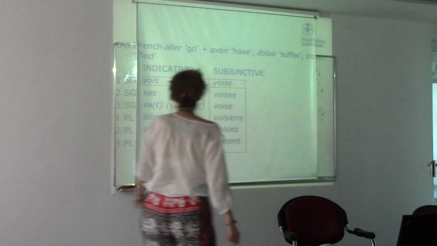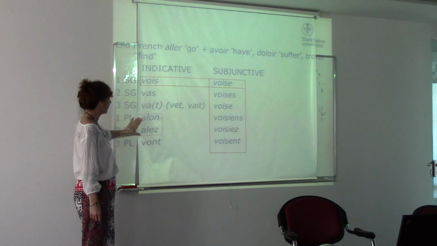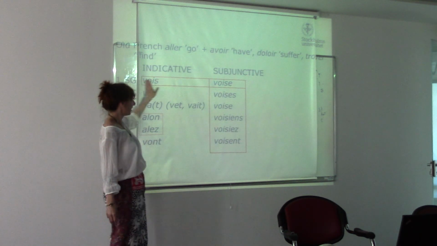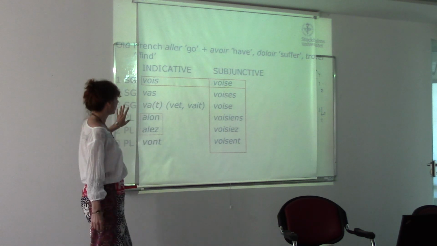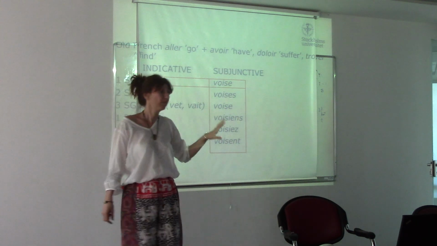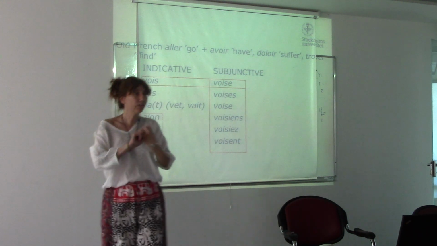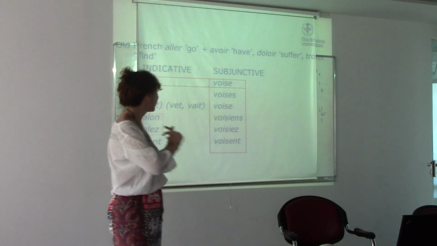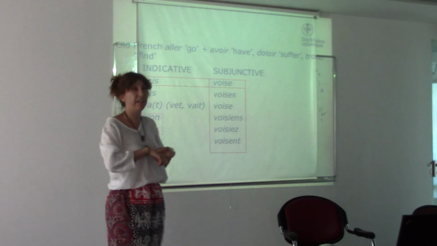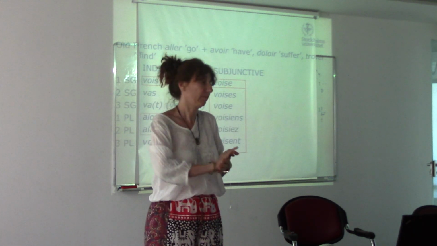And you have another stem for the first and second plural. Okay. Now this kind of, if you want to call it a template, you may, because there are a few other verbs which share this pattern. There are not very many, you can count them up. They're another very frequent verb, to have, then the verb to suffer, and the verb to find. So it's not a very populous template.